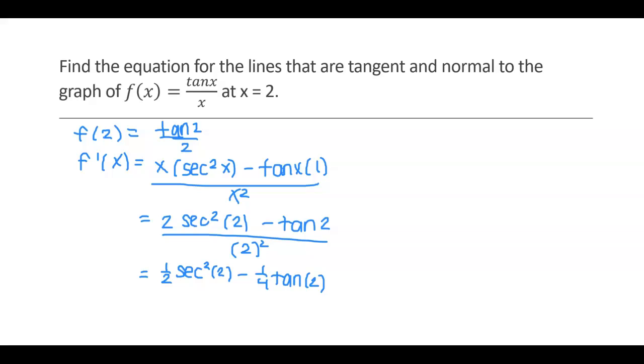So a value of 2 is somewhere between them. So again, that should tell me right off the bat that if this is somewhere between pi halves and pi, my tangent answer should be negative, because in quadrant 2, tangent is negative.